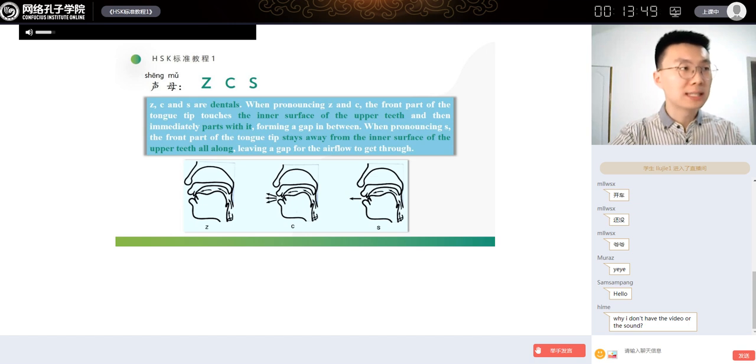When pronouncing 思, the front part of the tongue tip stays away from the inner surface of the upper teeth all along, leaving a gap for the air flow to get through. 思. Okay, this is 滋 and 思. We also learned their pronunciation through a few sentences.